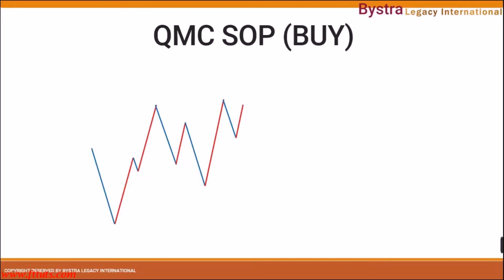Alright, now let's look at the QMC SOP for the buy setup. As we can see here, there is a QM buy setup. We can see the low, high, lower low, and the higher high. At the same time, there is one support here that we can make our confluence. So here we can see that this lower low, the head of the QM, is on the second drive.